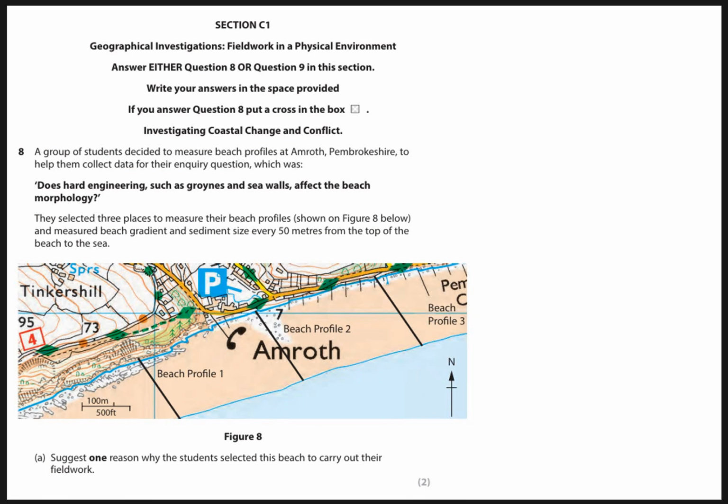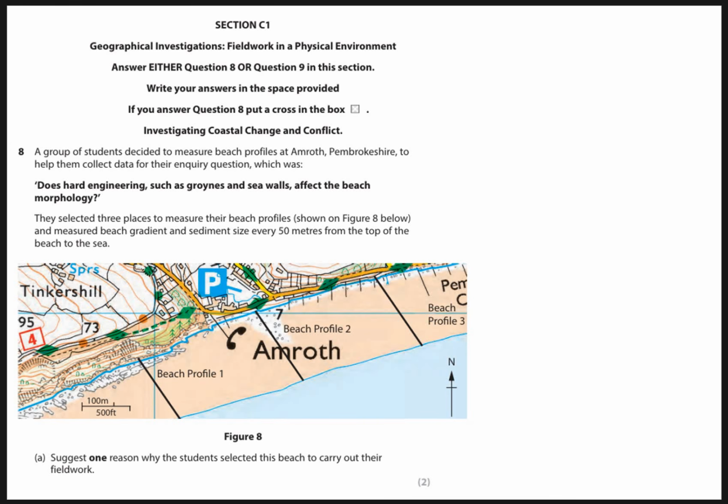Let's move on to section C1. So this is where students will have the option within C1 of either coast or rivers. A group of students decided to measure beach profiles at Amroth, Pembrokeshire to help them collect data for their inquiry question, which was: does hard engineering, such as groins and seawalls, affect the beach morphology?